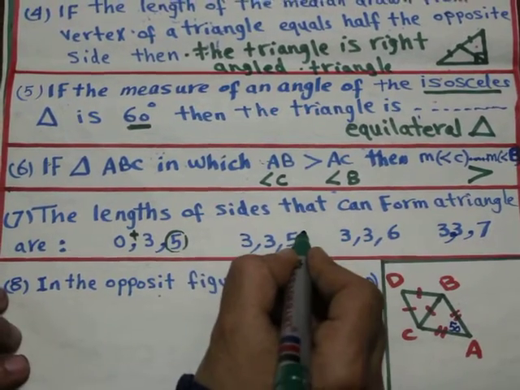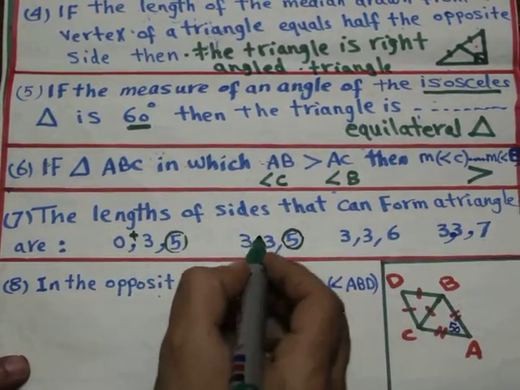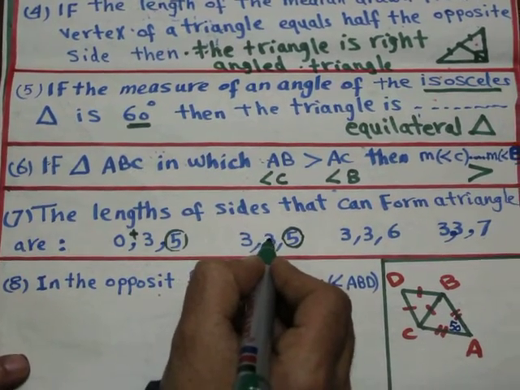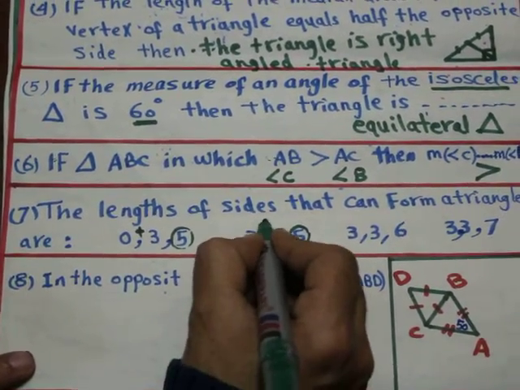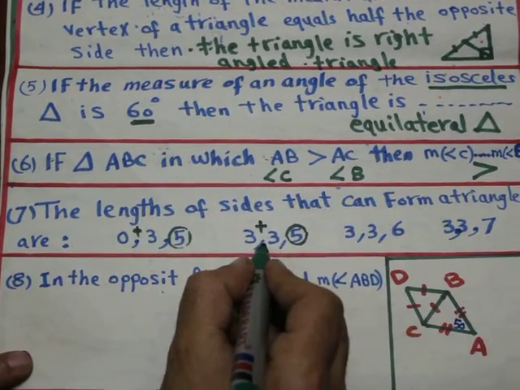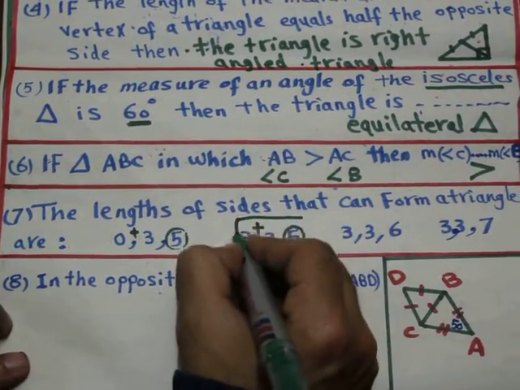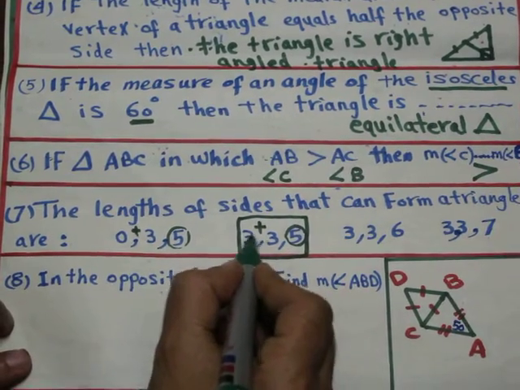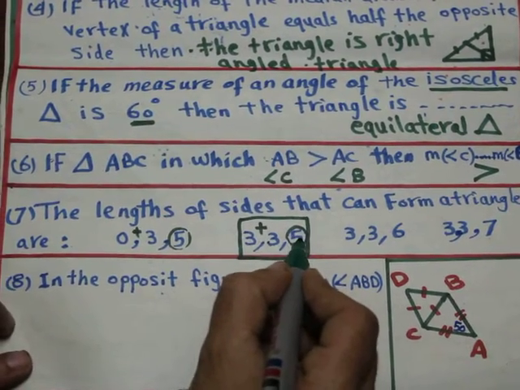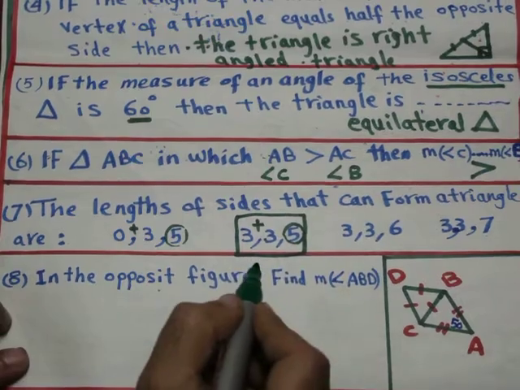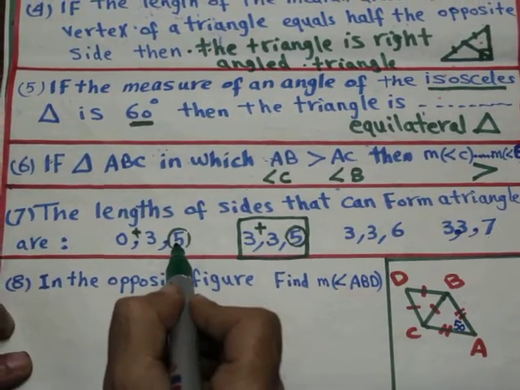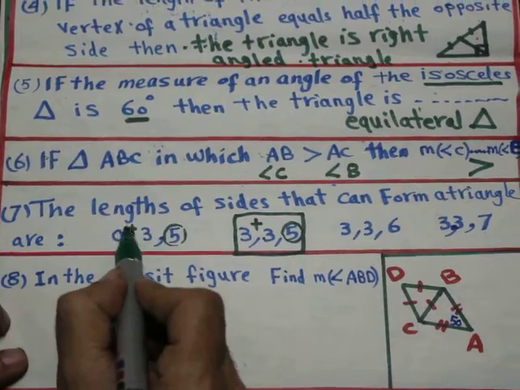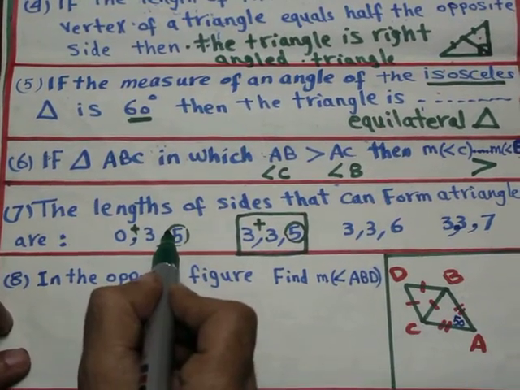Here the greater side is 5, and we add the smallest sides together. So we have 3 plus 3 equals 6, because the sum of these two sides is greater than the greatest side in length.